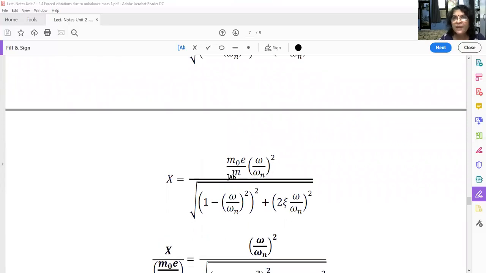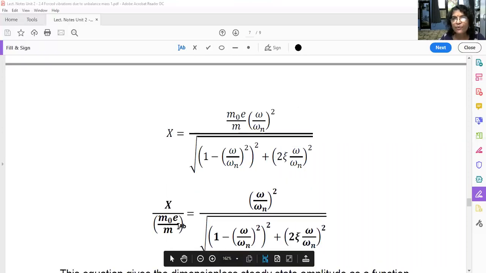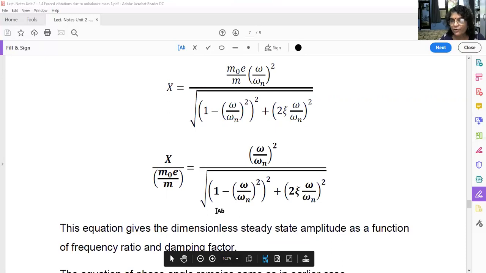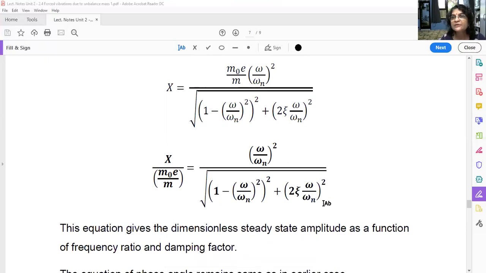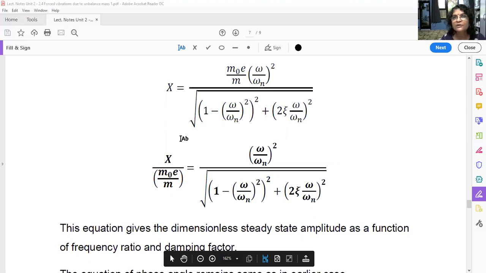Now this term I will take on the left hand side. So it is X upon m0 e upon m is equal to (omega upon omega n) square upon square root of [1 minus (omega upon omega n) square] full bracket square plus [2 zeta omega upon omega n] square. This is our final equation for steady state amplitude for forced vibration due to unbalanced force.